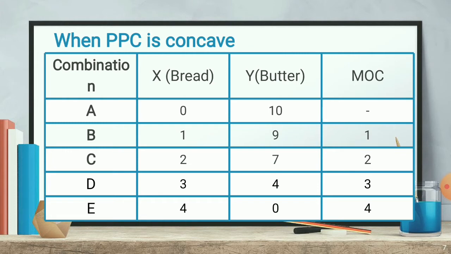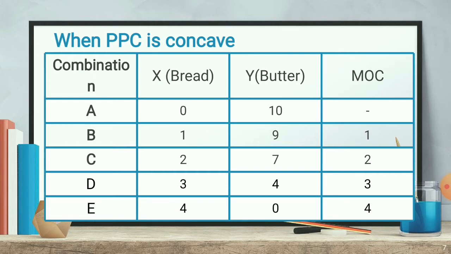So suppose we take the first possibility, that is A. We are going to employ our entire resources in the production of Y only, meaning butter only. Suppose we have resources of 10, so we have invested the entire 10 rupees, or 10 resources, in the production of butter. So there will be zero production of bread.